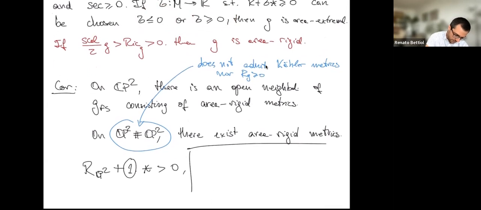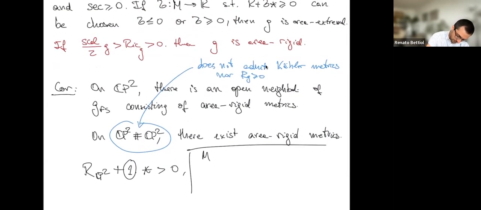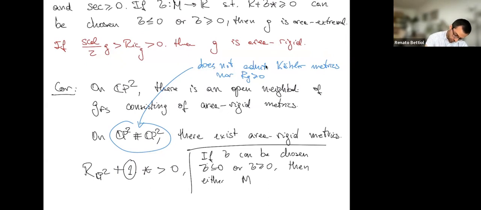You can show that if the manifold has indefinite intersection form, or rather, let me state it in a different way: if tau can be chosen non-negative or non-positive, then either the manifold is definite. So by 4-dimensional stuff, this is homeomorphic to the connected sum of some number of CP2s.